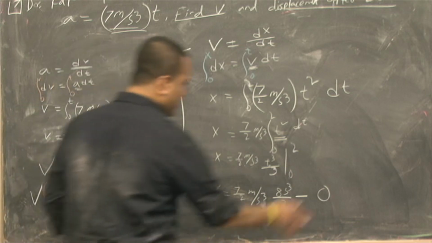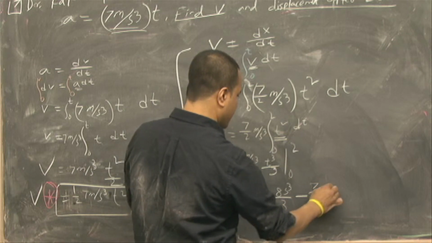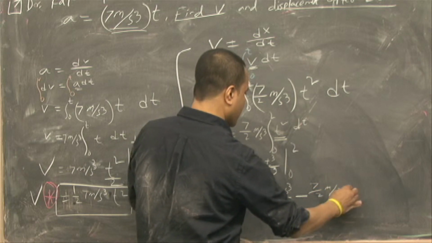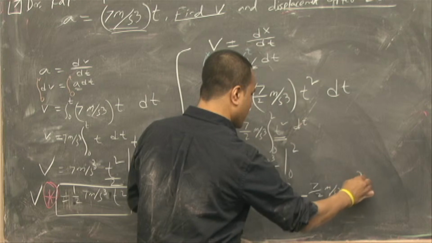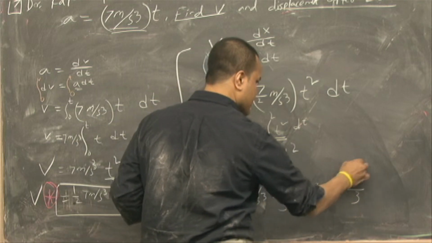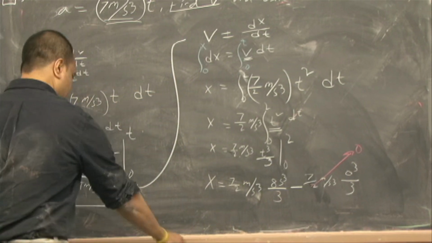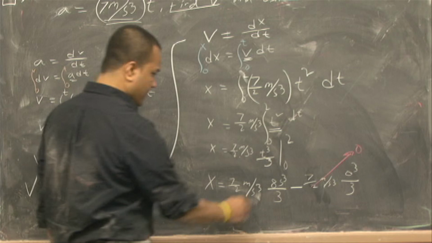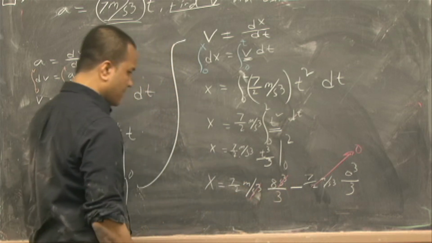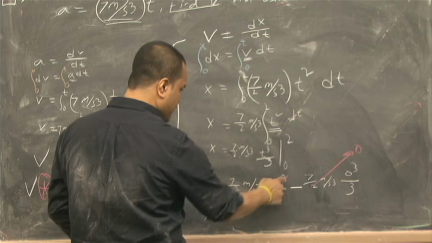Okay, that's 7 meter per second cube over 0 cube over 3. So 0 cube makes everything 0. All right, so that's how we actually got 0 over there. Second cube cancel.